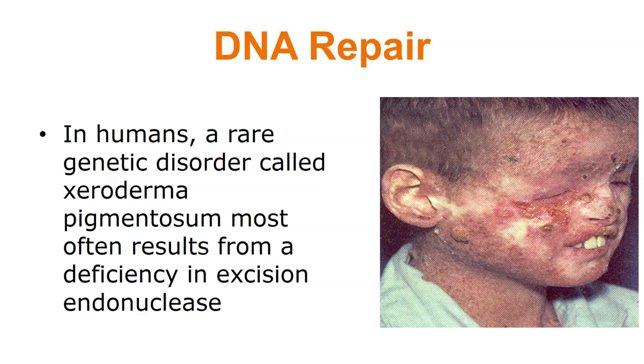So that kind of gives you an idea. And people with xeroderma pigmentosum actually try to avoid sunlight as much as possible. But you still always get some exposure, even from lights inside a little bit. And so it gives you an idea of how much you're actually getting exposed to. So if you like to spend a lot of time out in the sun, you're really working your excision endonuclease.